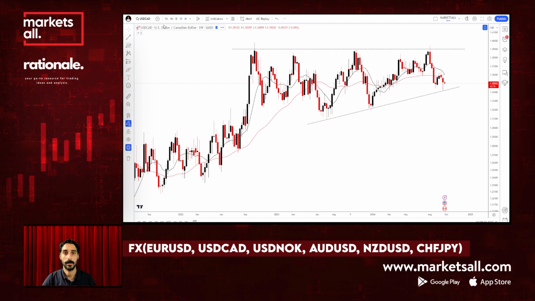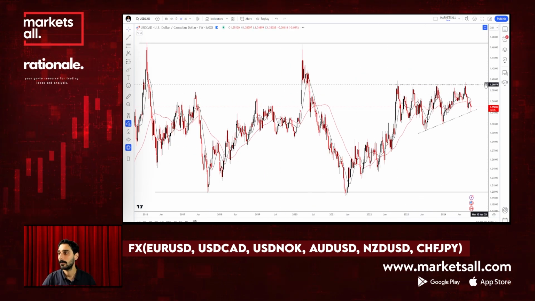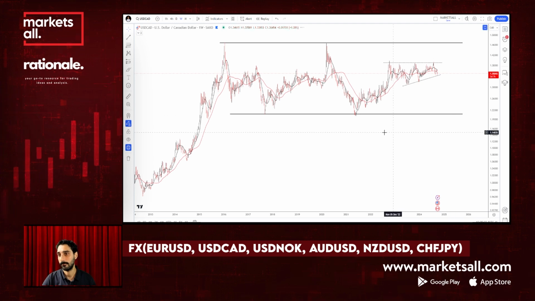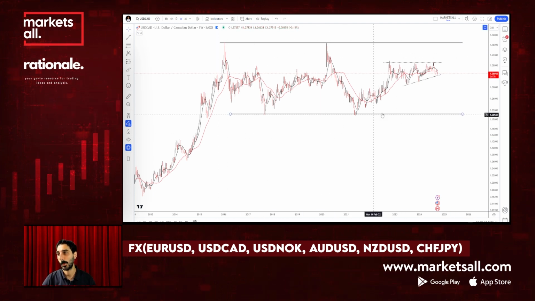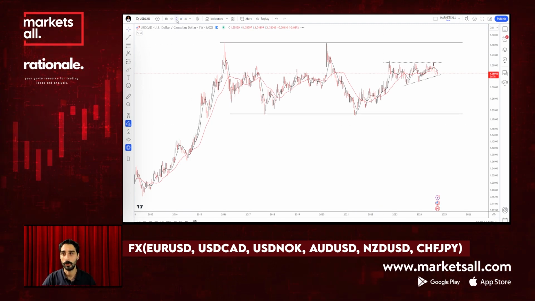USD/CAD, the loonie, in the weekly chart, in the higher time frame, there's a huge consolidation forming here, but it's a very long-term one.